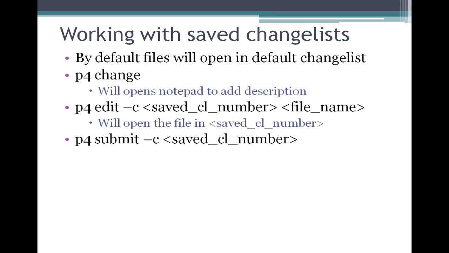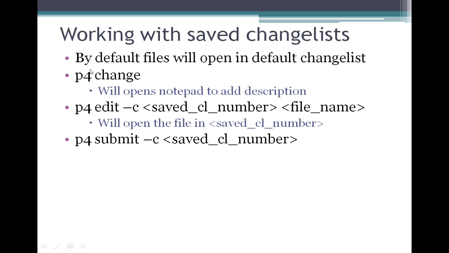But if you want to create a saved change list, just run a P4 change. This will open a notepad to add the description, like bug number 2, bug number 3, bug number 4, or maybe feature ABC. You can give any name for that matter.